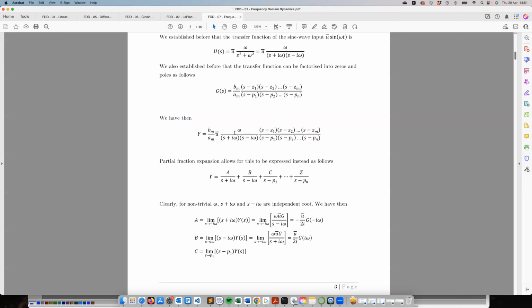So here, if you look at this y here, and if we multiply this y by this denominator, s plus I omega times s minus I omega, and then you multiply here by s plus I omega, then the other terms cancel, leaving us with just simply this term.